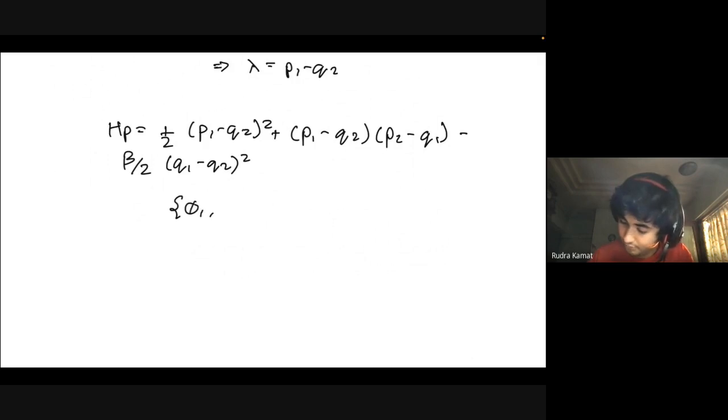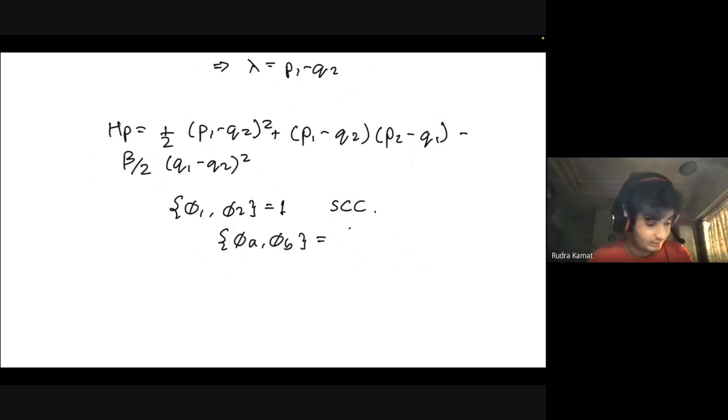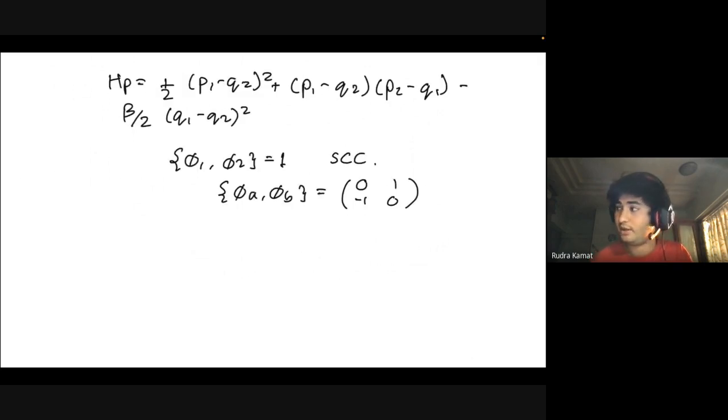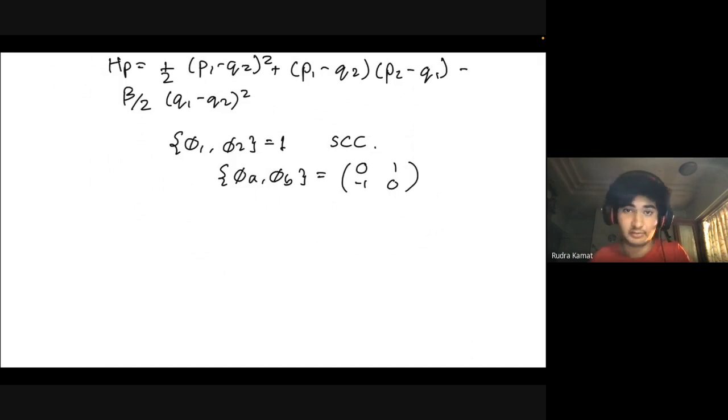Notice that the Poisson bracket of phi 1 and phi 2 is 1. So it's a second class constraint. And in general, the Poisson bracket of phi A, phi B is this matrix 0, 1, minus 1, 0. It will be anti-symmetric because the Poisson bracket itself is anti-symmetric.